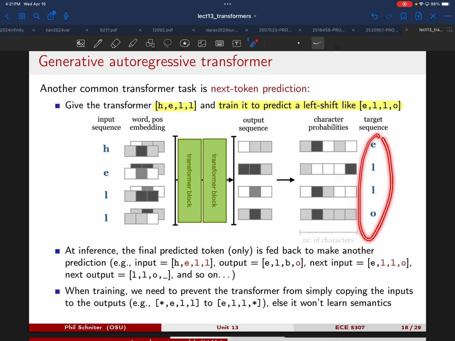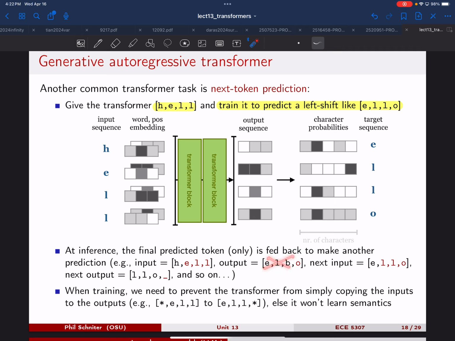For example, maybe you give it HELL, and it predicts elbow. It has maybe correctly predicted the O that you were hoping for, but it has also changed this L to a B.